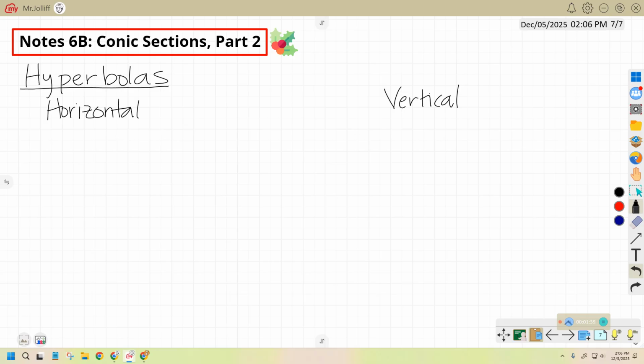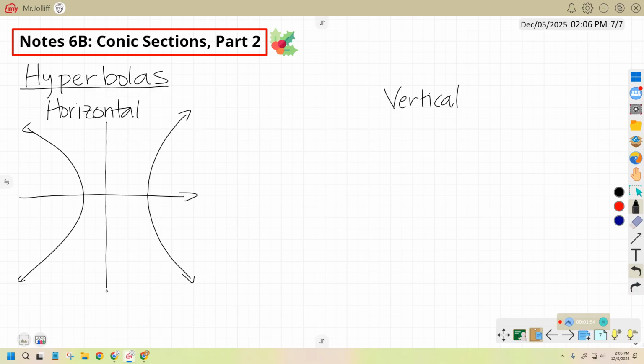I'm going to do my best to draw that without looking too messy. It is a weird one. So the x-axis is our transverse axis, and it cuts the curves through their vertexes, or vertices.